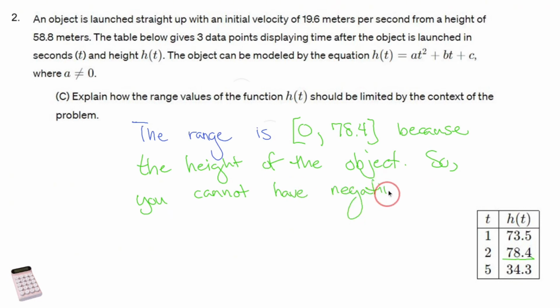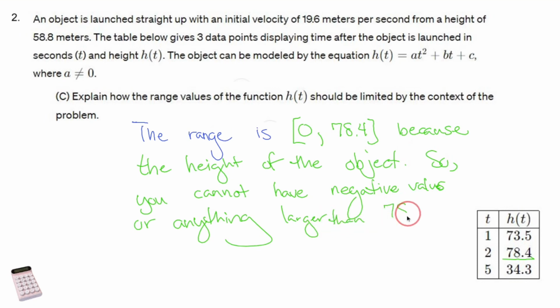And you can't have anything greater than 78.4, or anything larger than 78.4.